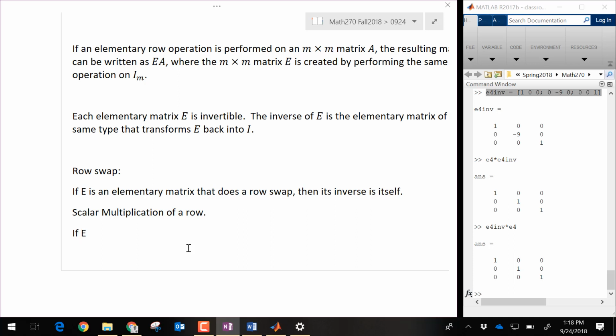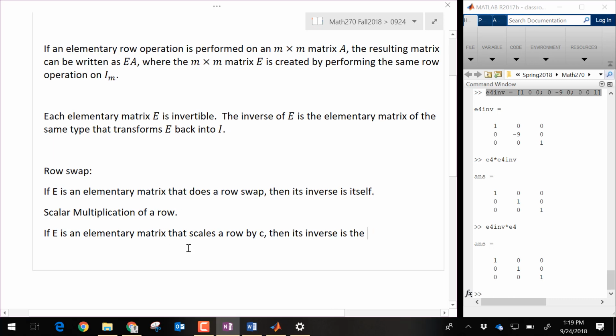So if E scales a row by some constant, then its inverse is a row scale again by 1 over C, by the reciprocal.